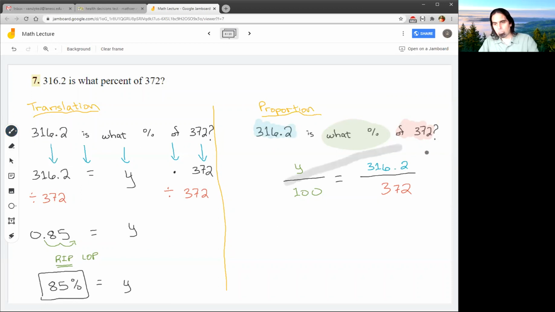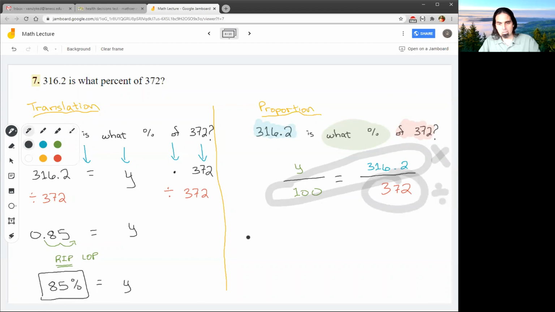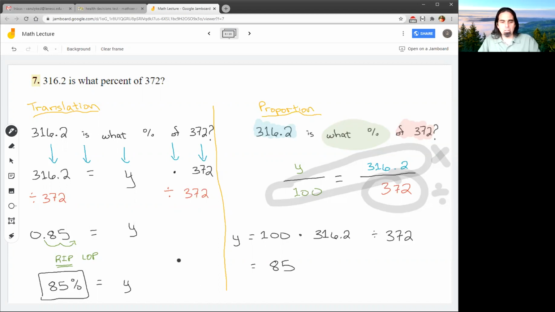So same thing as before, let's multiply the ones that are opposite each other, divide by the odd one out. And this time when you do it, you're going to get 85. There's no extra step if you're doing the proportion method, because 85 over 100 is already the fraction format of our percent. So we just put the label on and we're done.